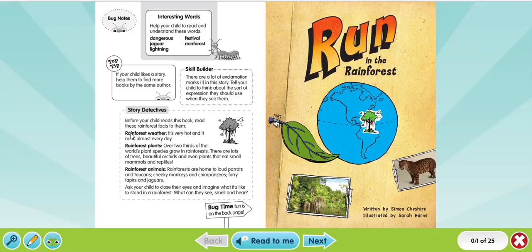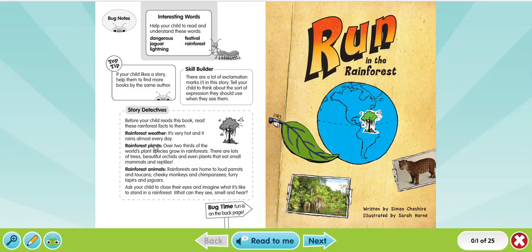Now, in the rainforest, there are many, many types and kinds of trees and plants. There are even some plants that eat animals. Imagine, most animals eat plants, but in the rainforest, there are some plants that eat animals.